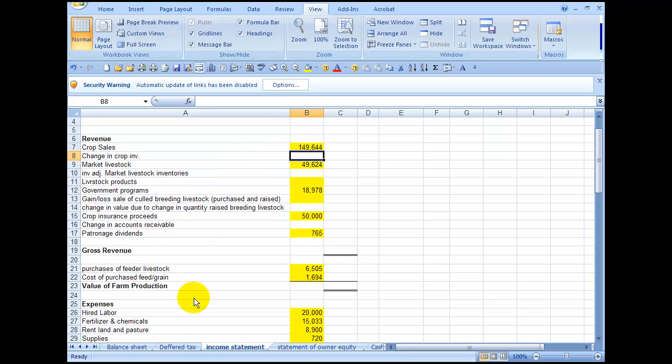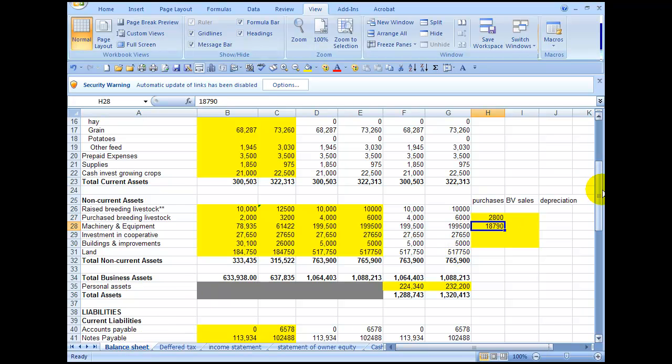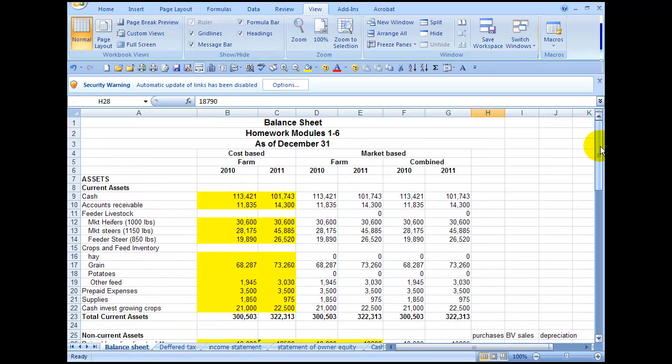And so let's go over and just look at it on our balance sheet before we get started. Crops are going to be up in current assets. And so here, our crops right here. If I just highlight this, we had $70,232 at the beginning, and we had $76,290 at the end.